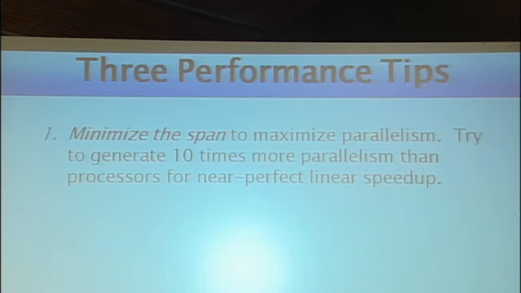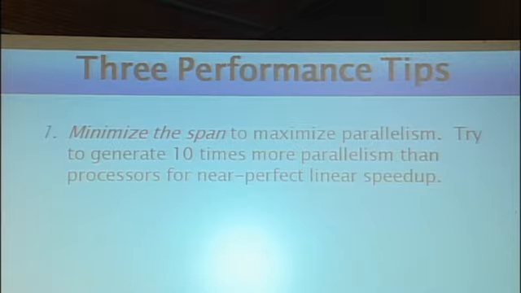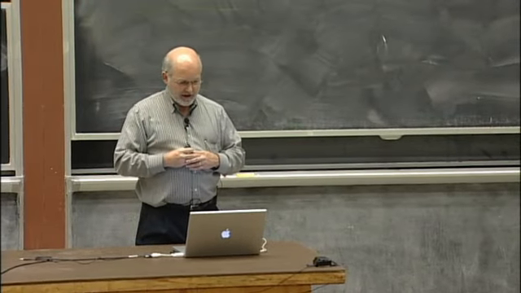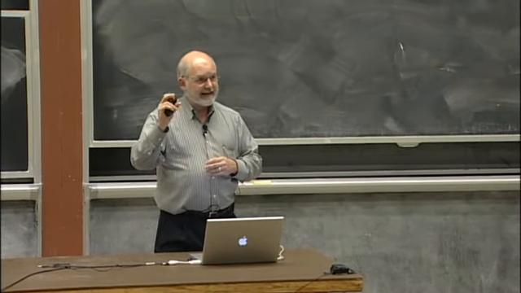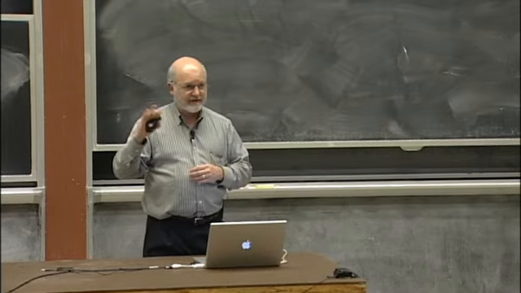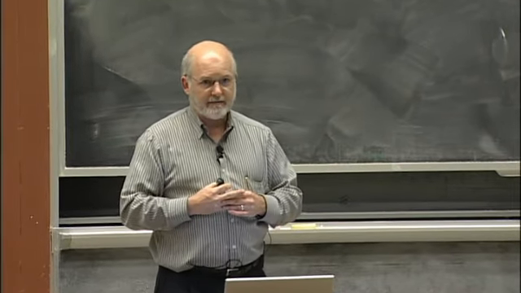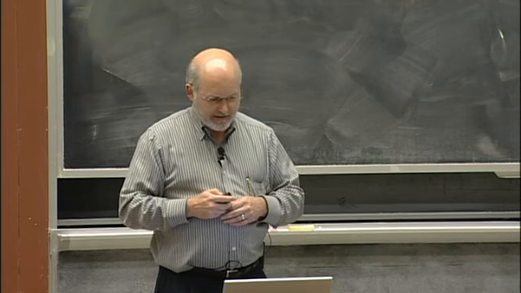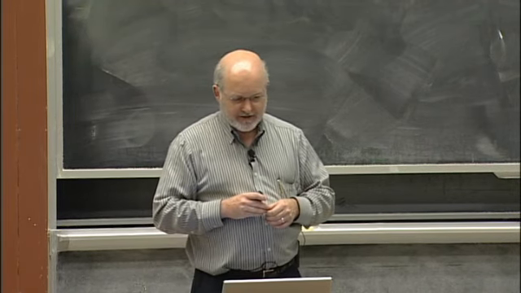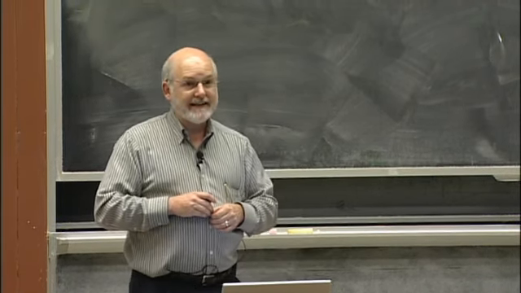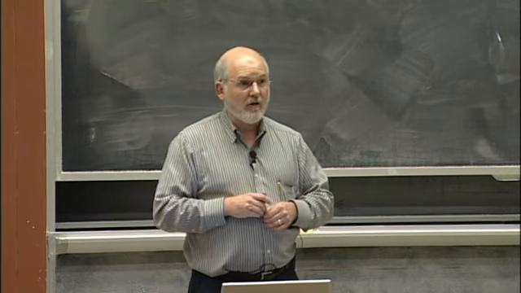If you can get more, you're likely getting performance increases in the range of 5 to 10%, something like that. Second thing is if you have plenty of parallelism, try to trade some of it off to reduce work overhead.